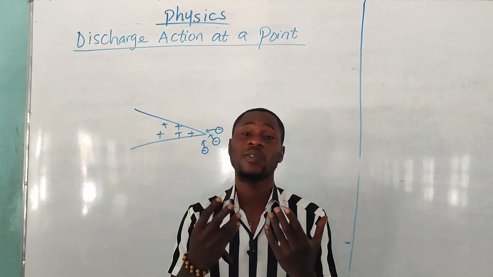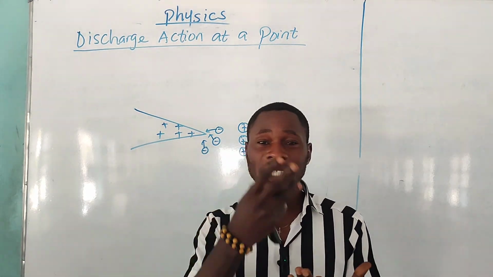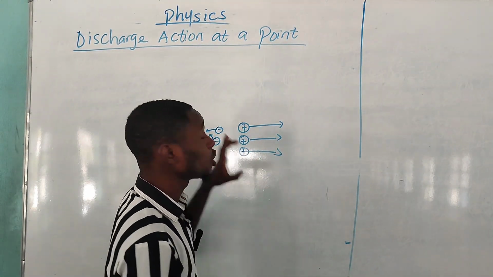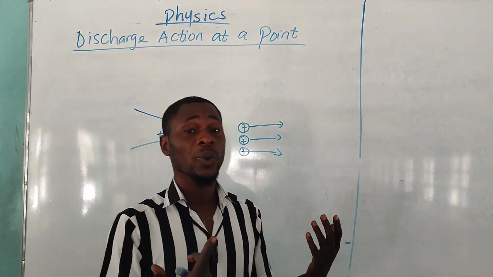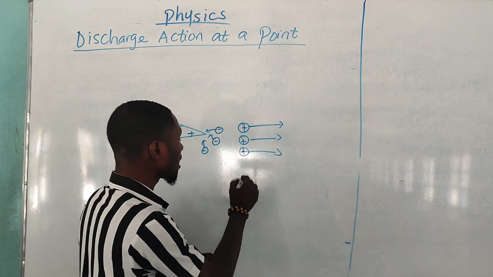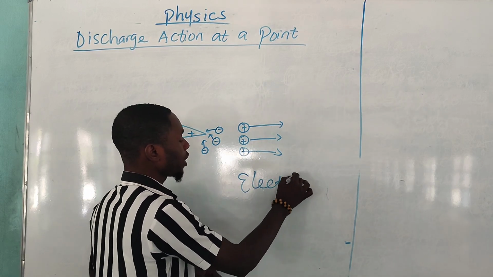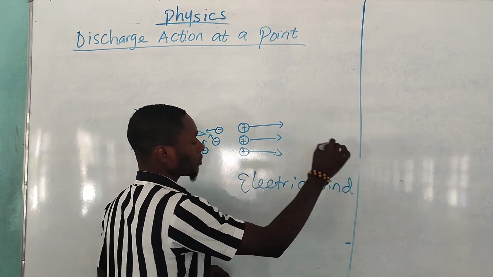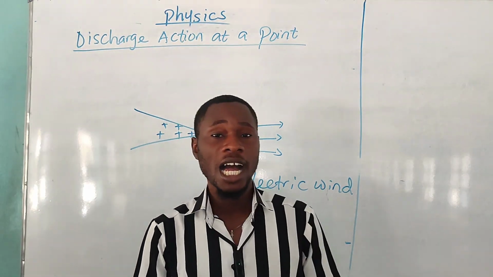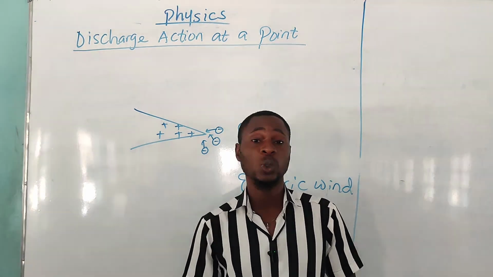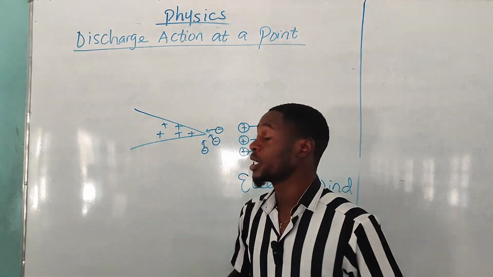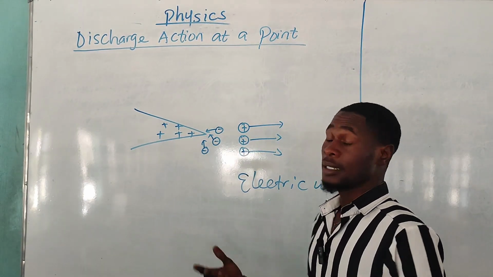And this cumulative effect will cause the surrounding air around the conductor to be dragged along with it. And when it drags along with it, it causes what is known as the electric wind. So that is what will happen when this highly charged pointed end of a conductor is placed in the air.